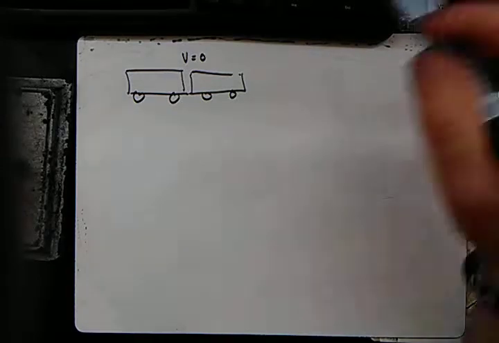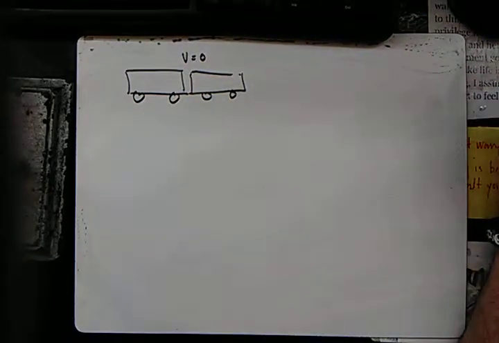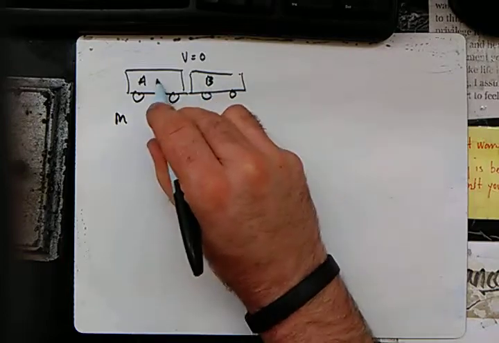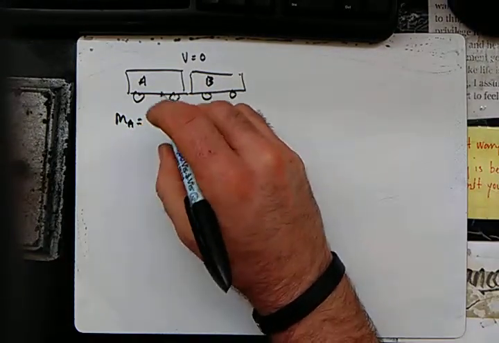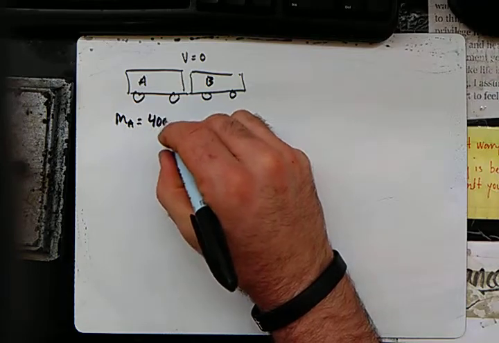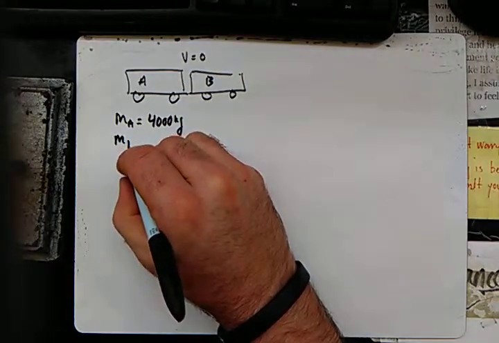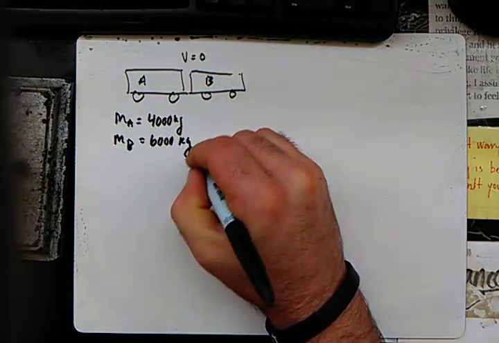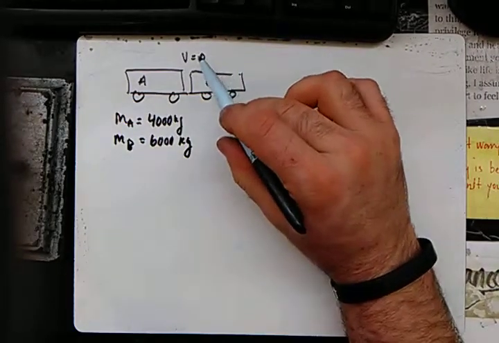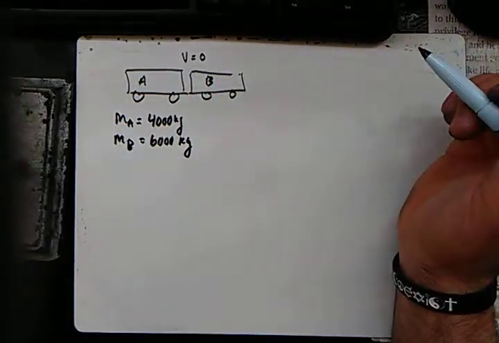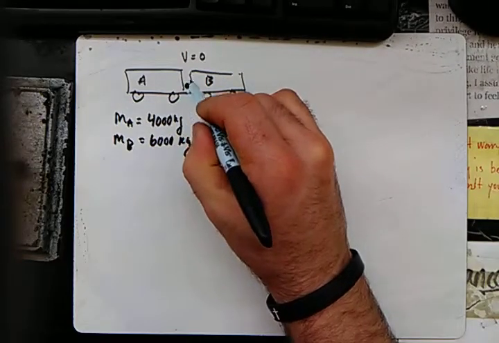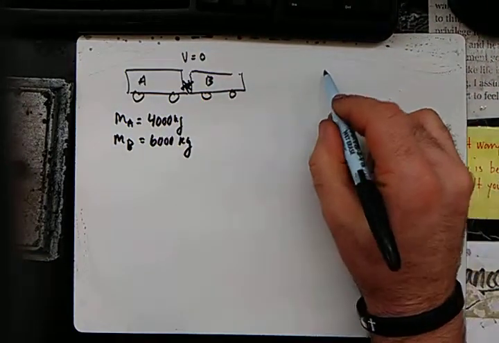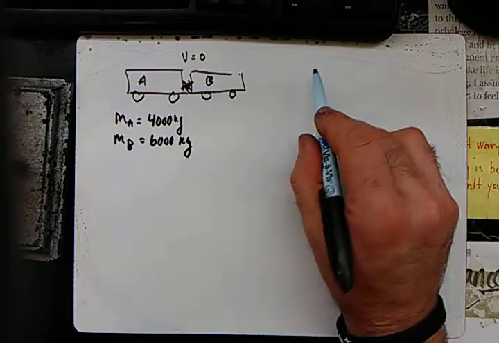Let's take a look at another one where we have 2 rail cars that are at rest. We'll call them A and B. The mass of A is 4,000 kilograms. The mass of B is, we'll say, 6,000 kilograms. The initial velocity of this whole system is 0. Let's say we have a small explosion right in between here. Bang-o. It explodes those cars, and then they head off in opposite directions.